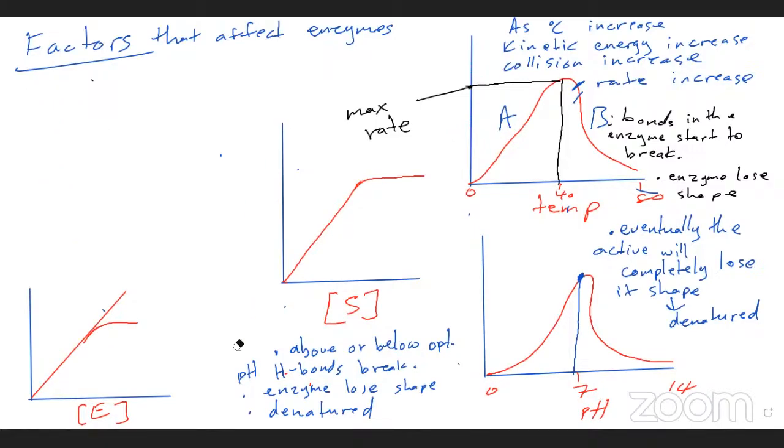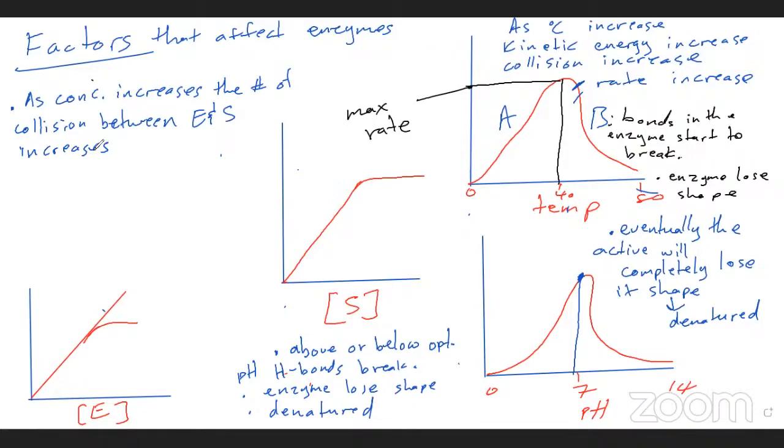For these two graphs, the first part of the explanation is the same. In that, as concentration increases, the number of collisions between enzyme and substrate increases.